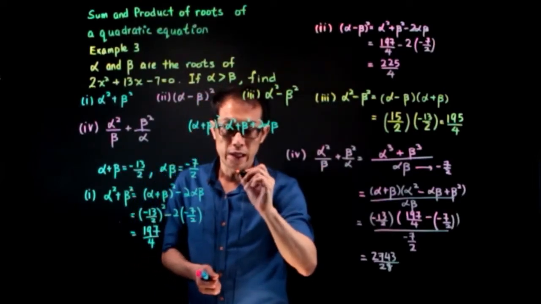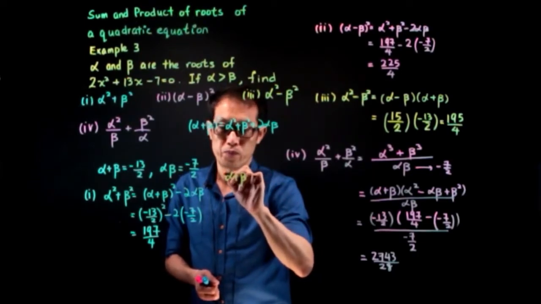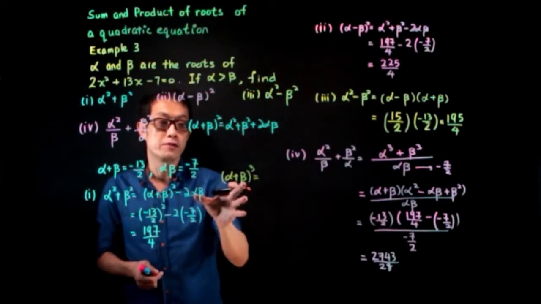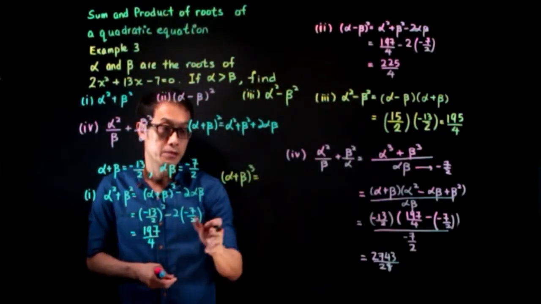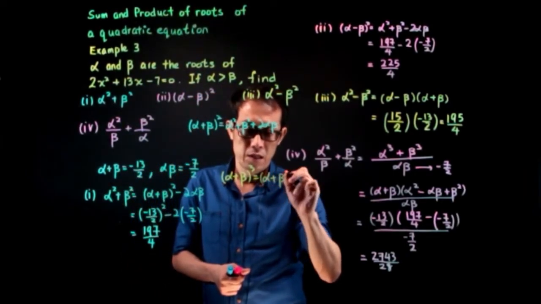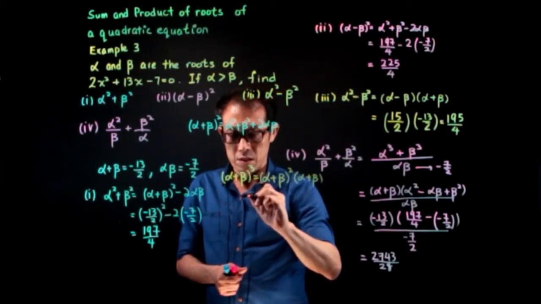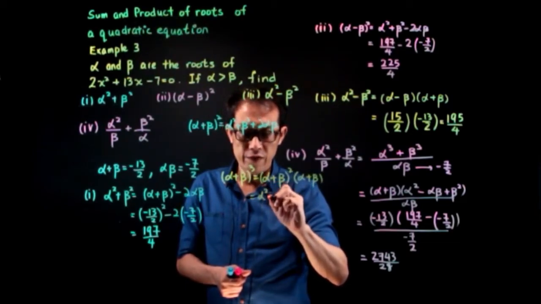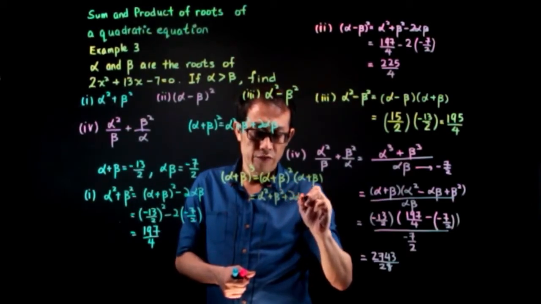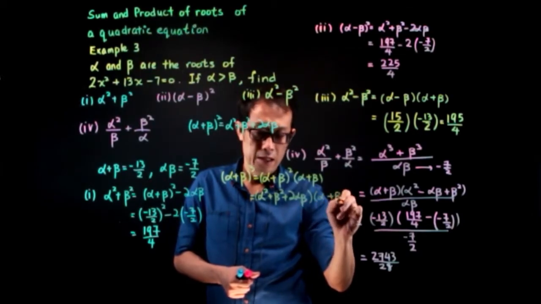So let us do an expansion of alpha plus beta cube. What do you get? Now, if you know binomial theorem, you can expand this using the binomial theorem. Otherwise you can expand it this way. Do the square first. Alpha squared plus beta squared plus 2 alpha beta, times alpha plus beta.